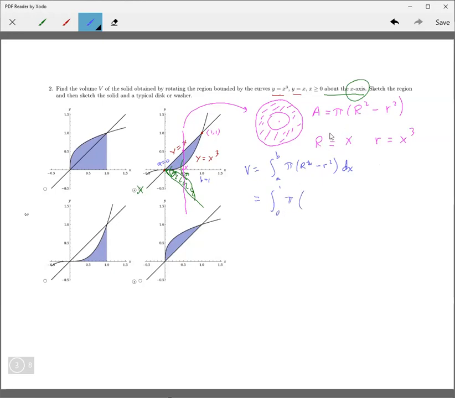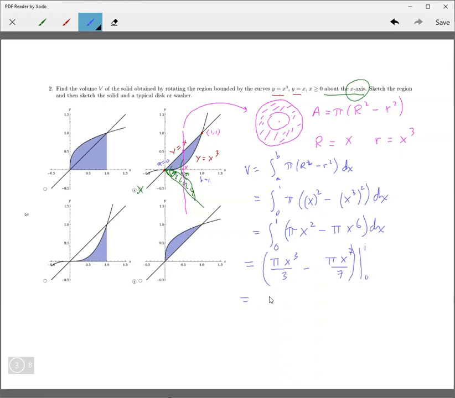Big R is x, little r is x cubed. So 0 to 1 of pi x squared minus pi x to the 6th. Integrating that, you get pi x cubed over 3, and this one is pi x to the 7th over 7, going from 0 to 1.